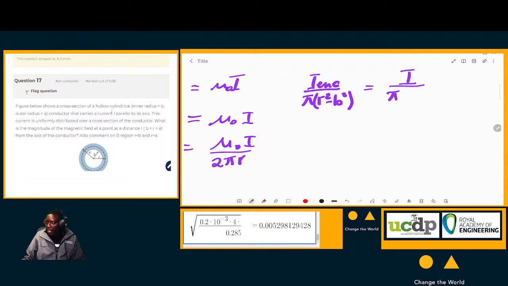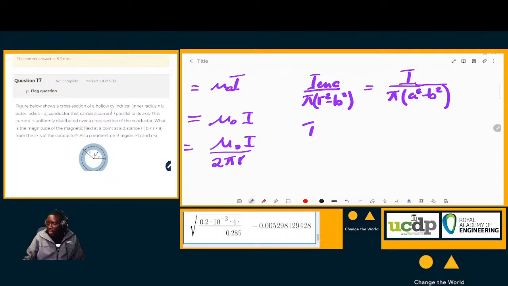The same applies. Our current density, in terms of I, the total current, will be I over pi times A squared, where A is the external radius, minus B squared, where B is the internal radius, giving the internal circle that we need to subtract to get just the area of the shaded region.